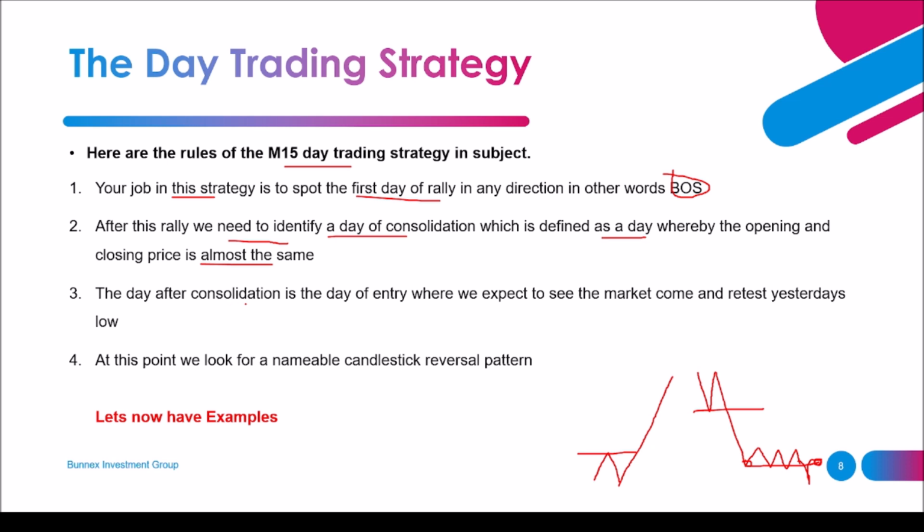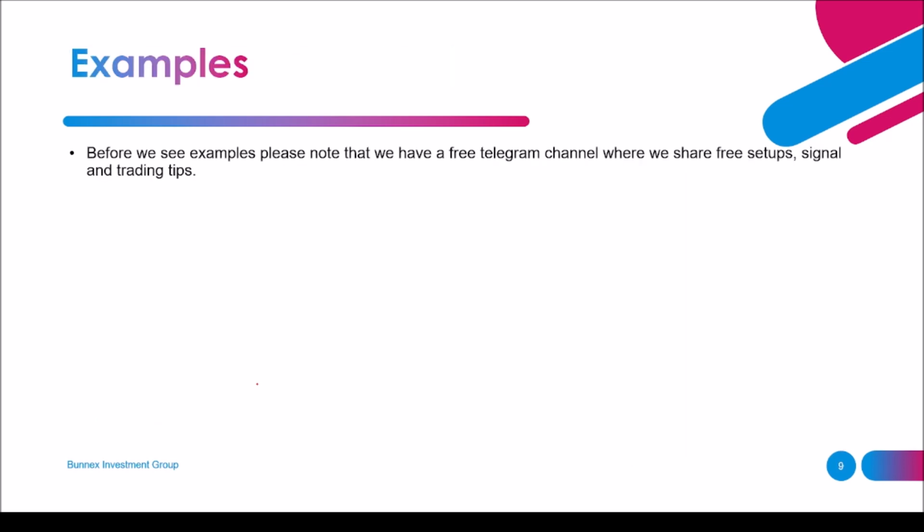The day after consolidation is the day of entry, where we expect to see the market come and retest yesterday's low, right? In this particular case, it's a retest of yesterday's high, which is this one. So we need to see a retest of yesterday's high, and at this point we look for a nameable candlestick reversal pattern. Let's now have examples of what we are trying to put across.